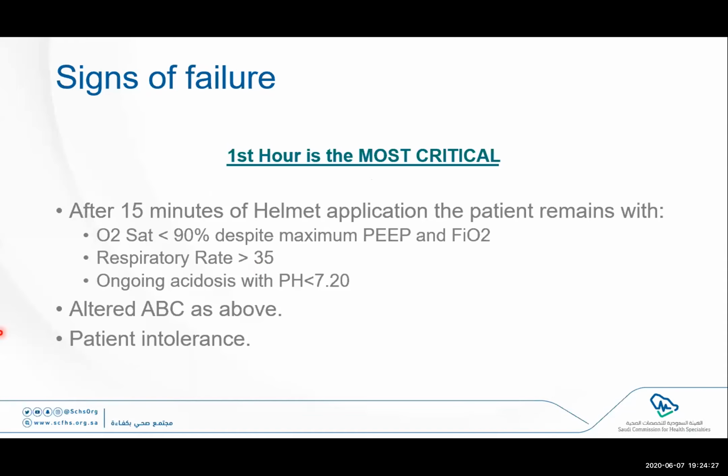If you don't have any improvement in saturation, at least when you start with the patient for the first 30 minutes, the saturation doesn't go up and the patient is still tachypneic or acidotic, then you have to go back and check if this patient is getting the benefit of the helmet, or we have to choose an alternative solution. Very rarely, patients cannot tolerate the helmet at all. Most of the patients get comfortable and go on with the helmet.